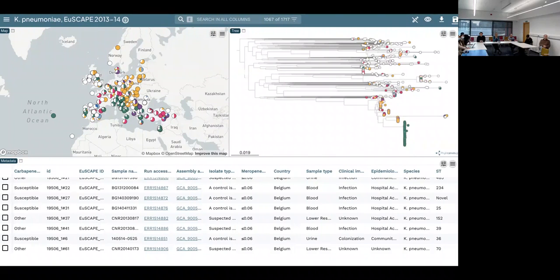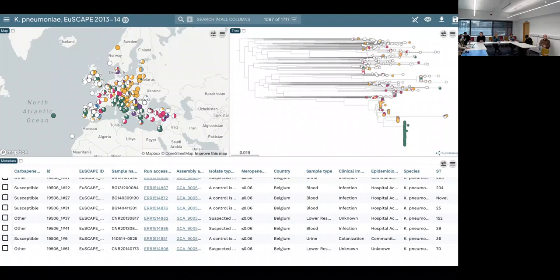So it's not just surprise, dramatic viral outbreaks that we're using genome sequencing to monitor. We're also using it for some microbes that we're a bit more familiar with. So this is a collection looking at Klebsiella pneumoniae, which is bacteria that can live on our skin and in our guts quite harmlessly, but it can also cause really dangerous hospital-acquired infections.